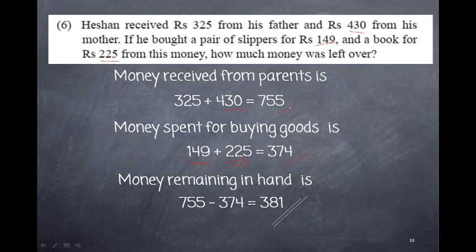Now to find out how much money is left over, how much money remains in your hand, you have to reduce the money spent from the money received. Then you will get the answer and check the answers with this.